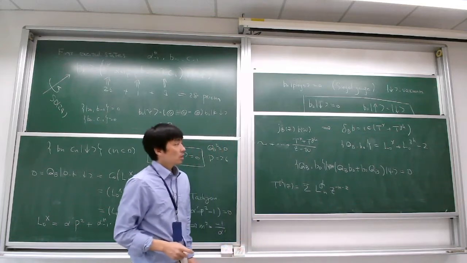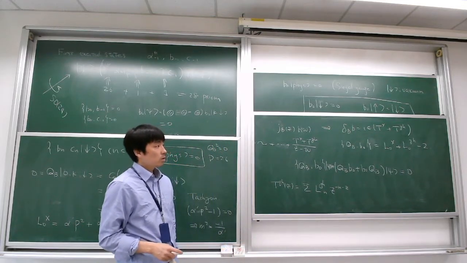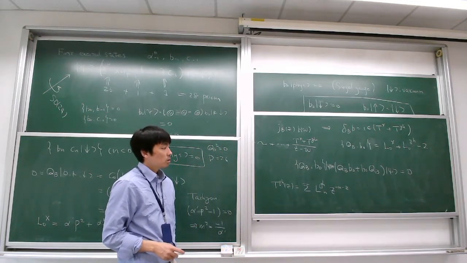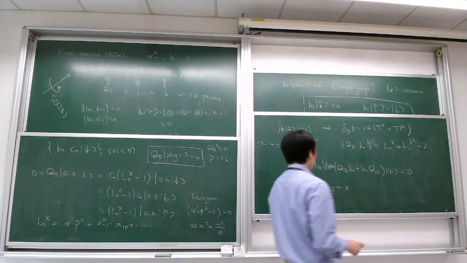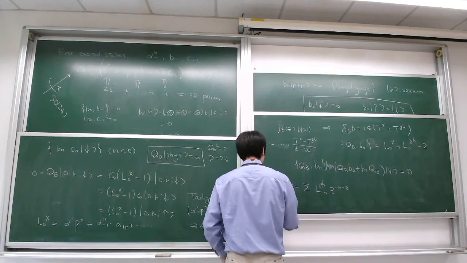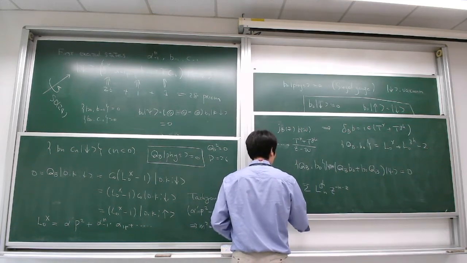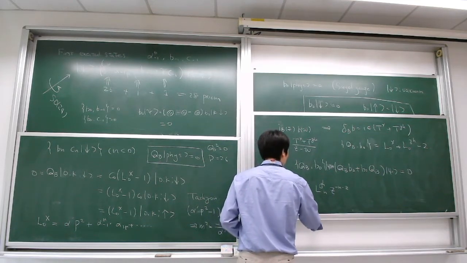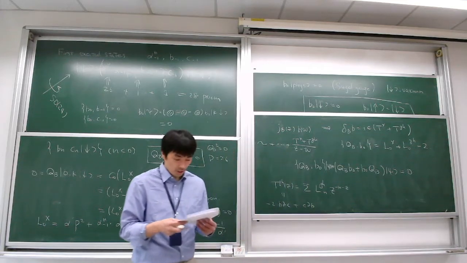Also, we know that T ghost should be written as minus 2 B partial C plus C partial B. I already forgot.